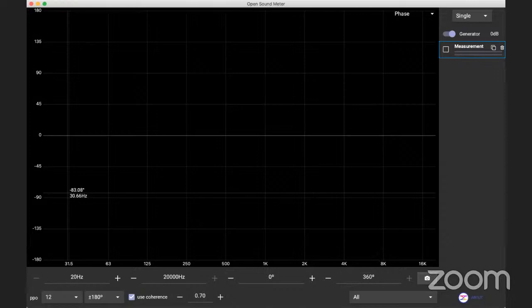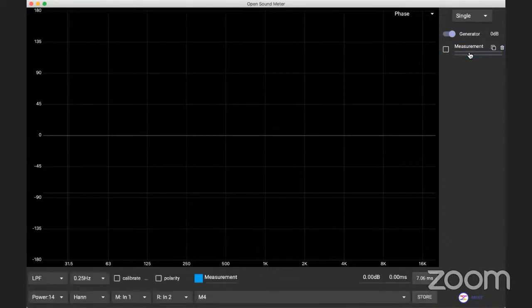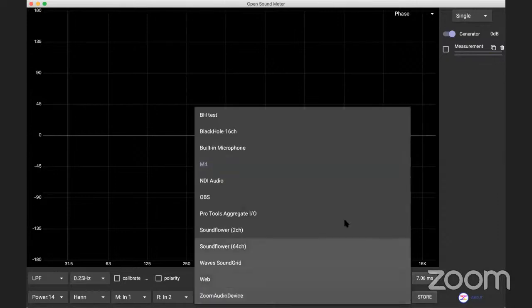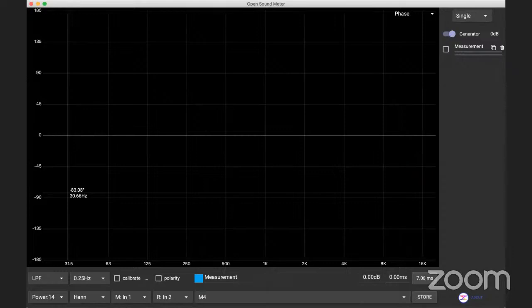By default you have this one window here which has measurement. I click on that, then I click on this drop down menu, and I can see what device I want to use. So I'm using my Moto M4. Then you have the two inputs of the M4 that turn up here, M and R. M is the input that you want to measure.